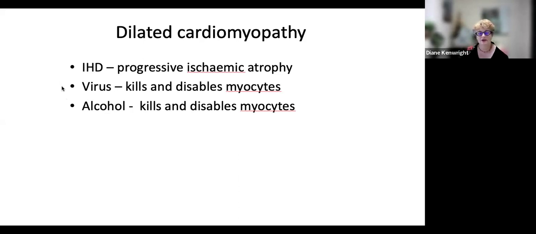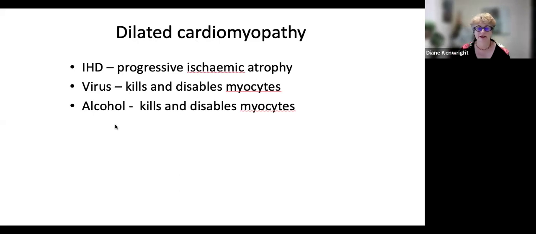And what happens is the virus kills and disables myocytes and essentially removes them. They get replaced by fibrosis, and the heart no longer has that contractile ability and dilates. Or it kills so many of them acutely that the heart just stops being able to contract and just dilates. So dilated cardiomyopathy can happen with viruses acutely or chronically.